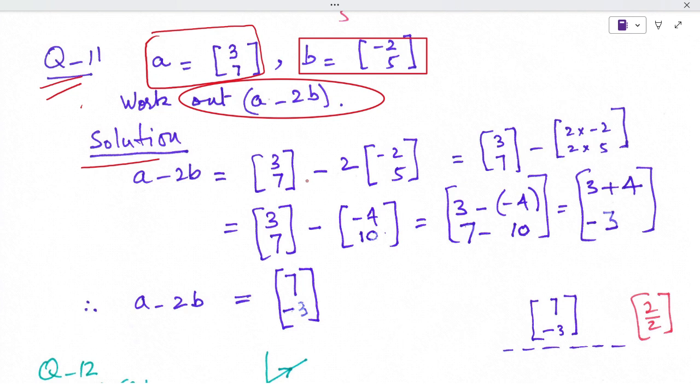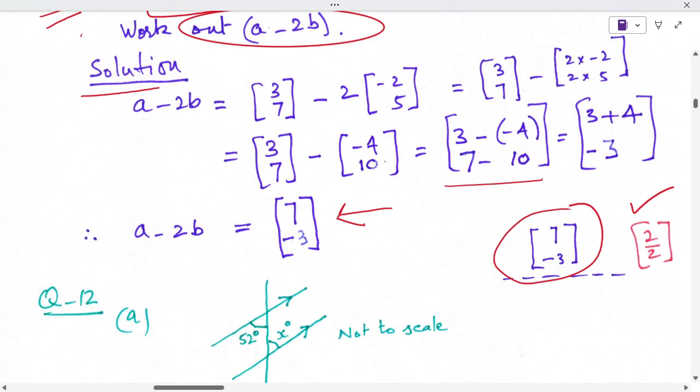Now you have to remember that there is a negative outside the second matrix, so the signs inside the second matrix, when you convert into one matrix, are going to change. So you are going to get 3 minus -4 and 7 minus 10, which is 7 and -3, which is the answer. A minus 2B is equal to 7 and -3. So you get 2 marks.